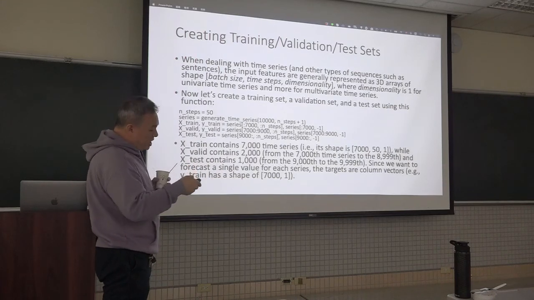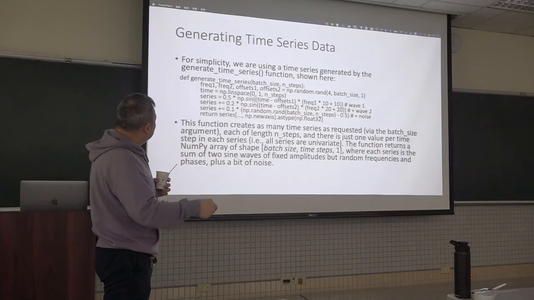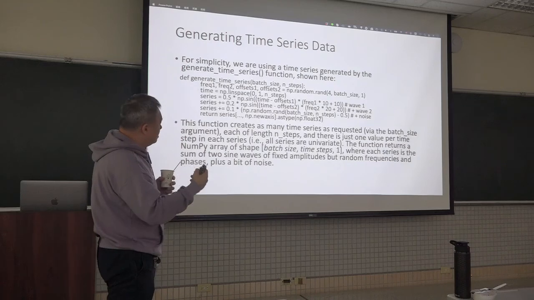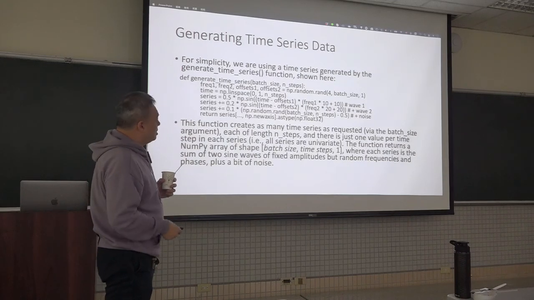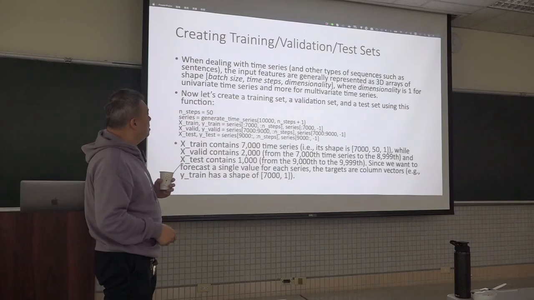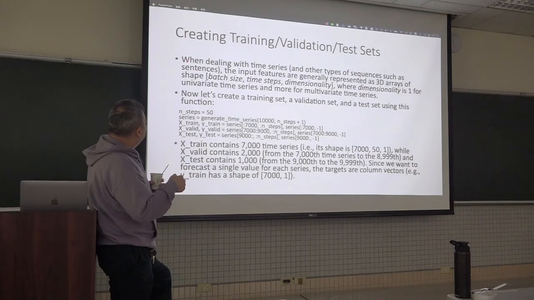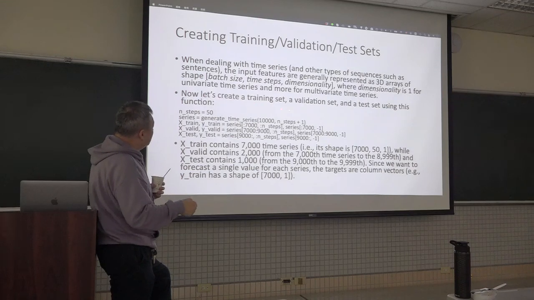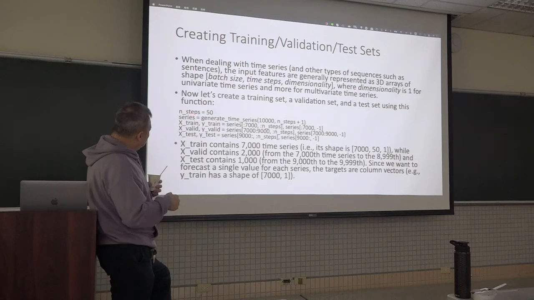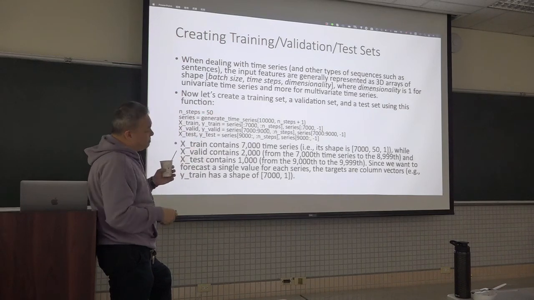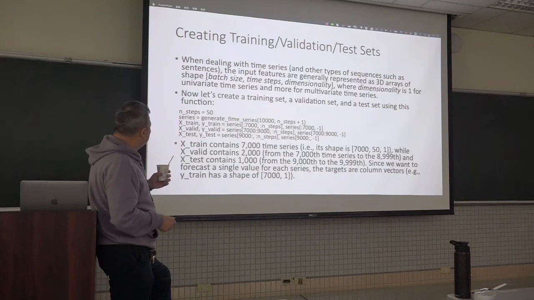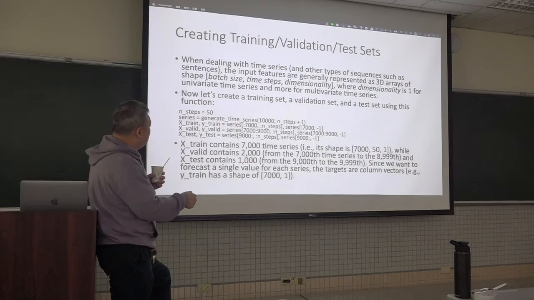Once we have this function, we are able to use it to generate a certain number of time series data for us, and we can use it as an example to train our model. So we can create a training set, validation set, and test set using that function. n step is 50, so we generate 50 data points for each time series, and series equals generate time series.